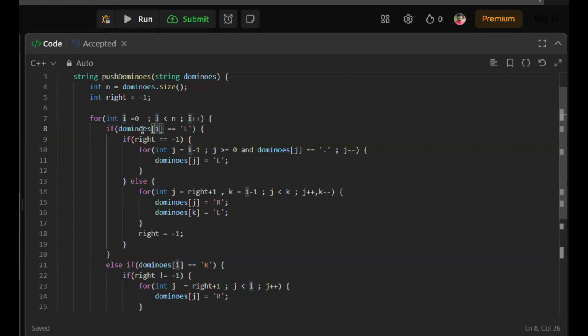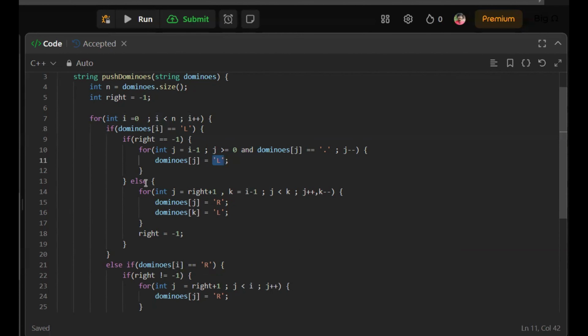Now, it can be possible that till now we don't have any right dominoes, or we have one right domino. If we do not have a right domino till now, that means we have to make all of the left-sided dominoes push to the left side.